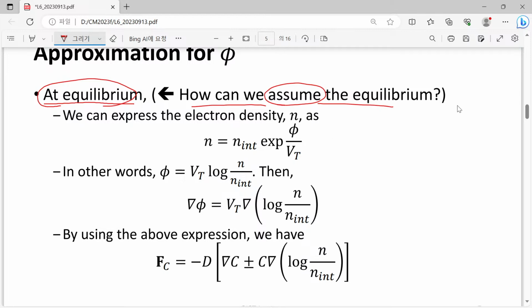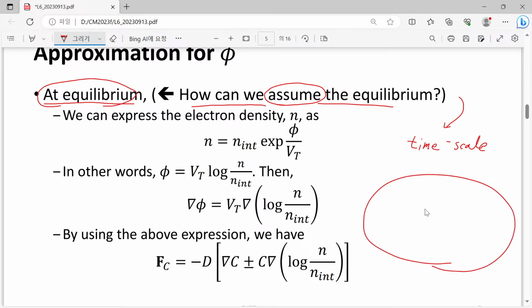This can be justified by the time scale of two different systems. We are talking about the motion of a positively charged ion and a negatively charged ion, and the motion of electrons and also holes.